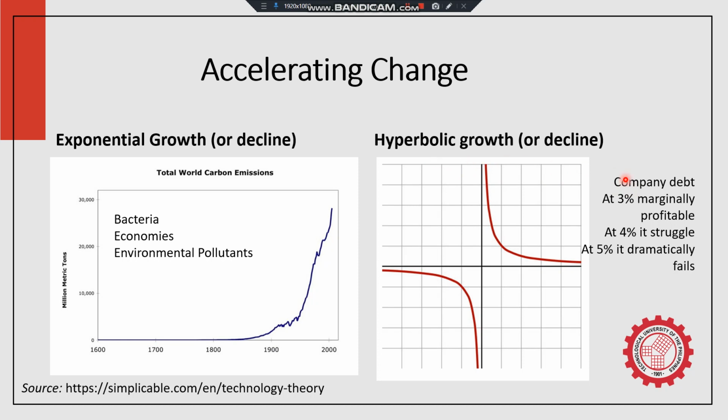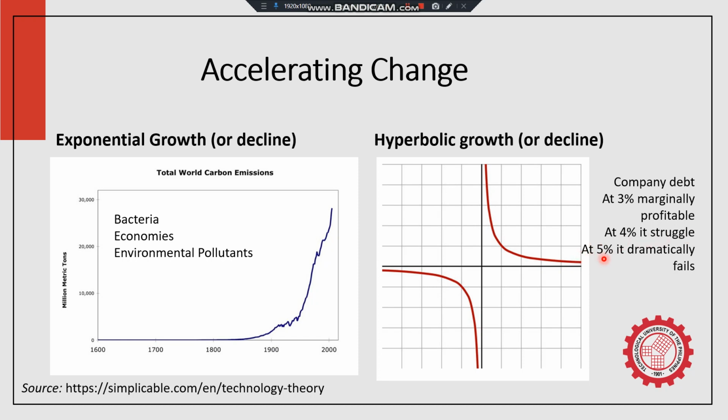Now, an example of technology with hyperbolic growth is the debt of a company. If the debt is at 3%, the company can still earn. It still has a marginal profit. If the debt of the company is at the rate of 4%, then it may already be struggling financially.